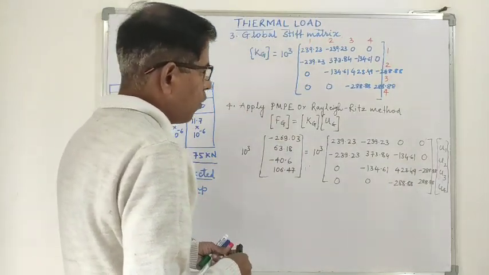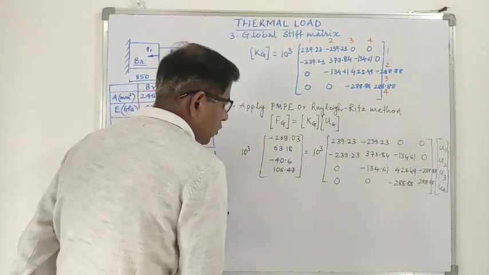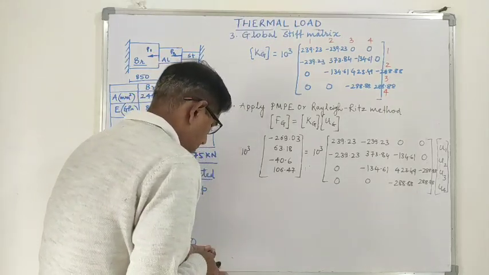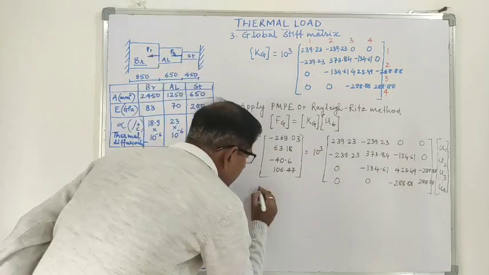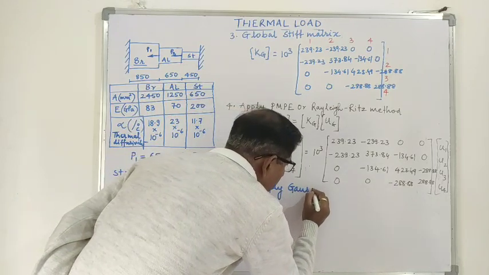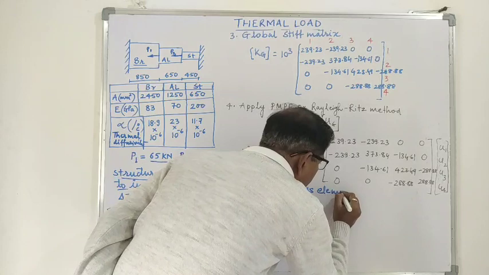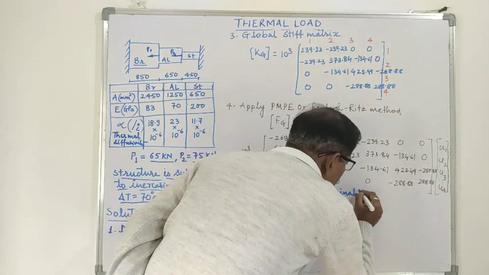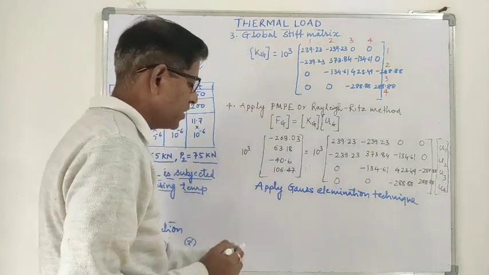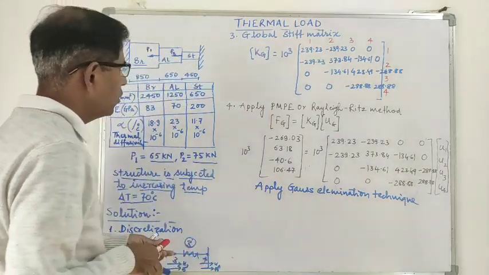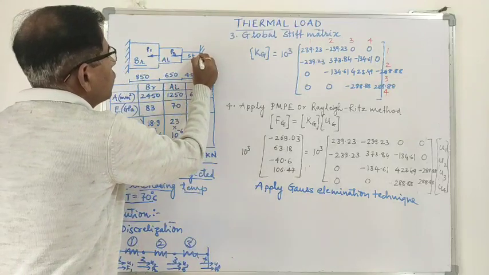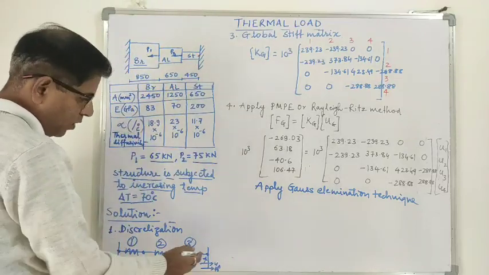Now we apply the Gauss elimination technique. The Gauss elimination technique says cancel out the rows and columns for the fixed nodes. Here node number 1 and node number 4 are fixed.